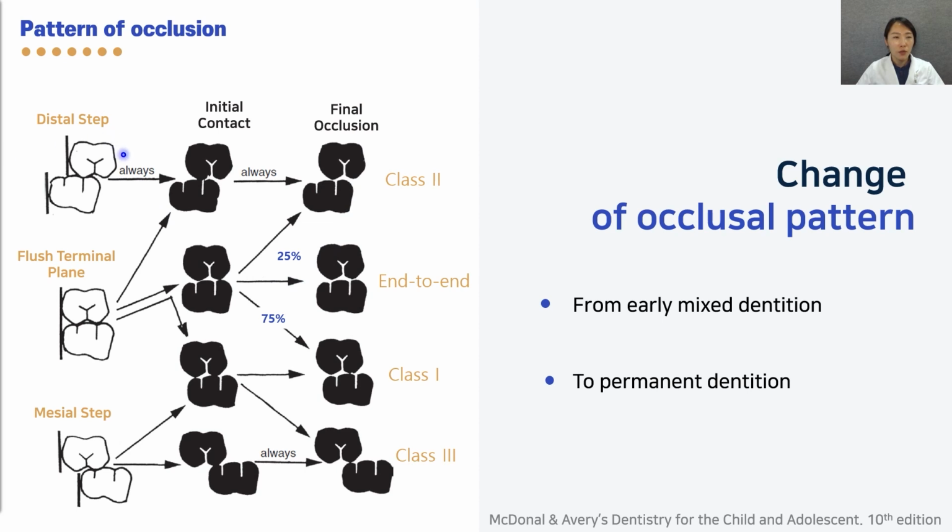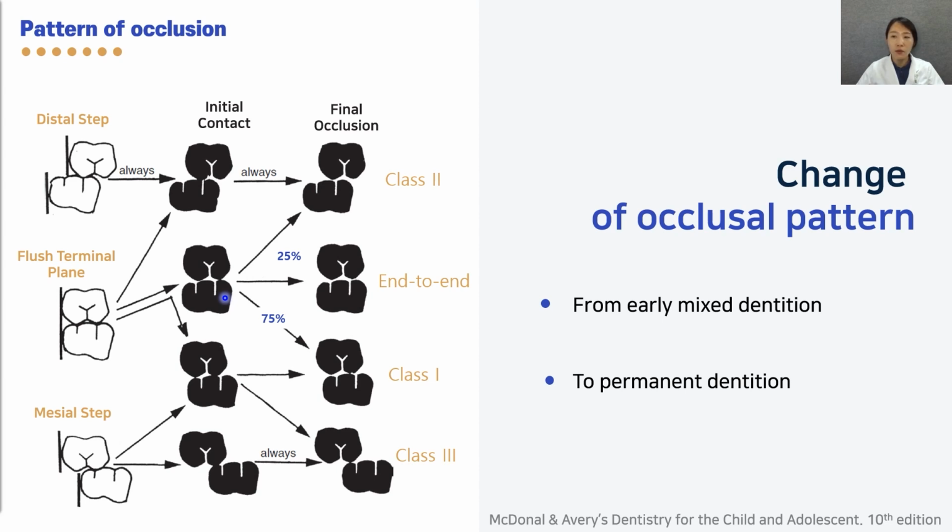In case of distal step, permanent first molars show class 2 molar relationship at initial occlusion contact, and it will remain a class 2 molar relationship in permanent dentition. In case of flush terminal plane, end-to-end permanent first molar relationship are shown in initial occlusion contact.